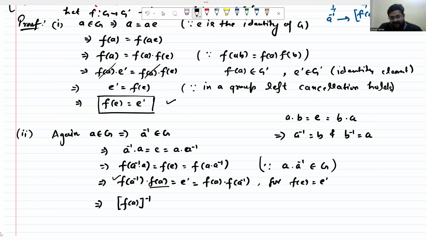If you have some element and you want to represent its inverse, you write it like this. This is the symbolism to represent the inverse. So this FA inverse means the inverse of this element will be equal to what?